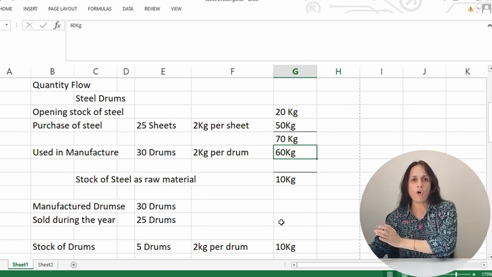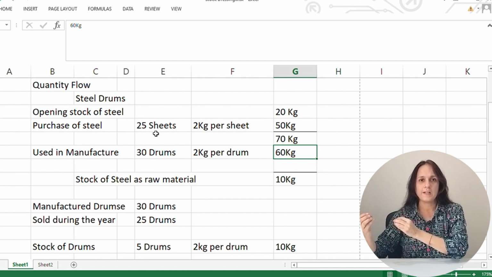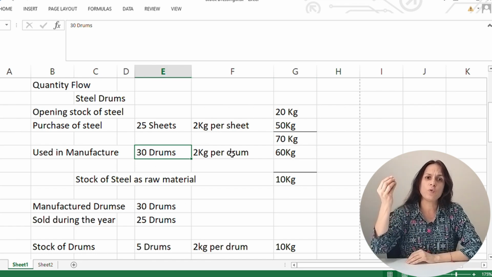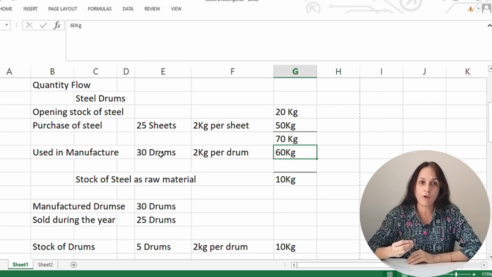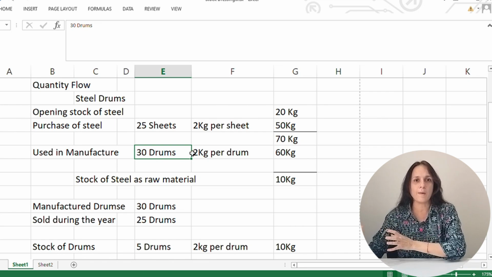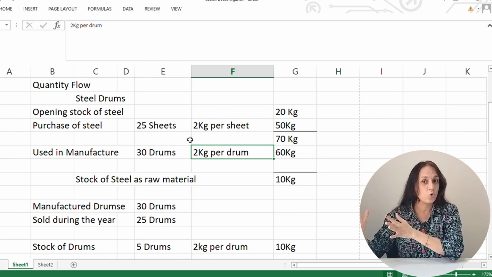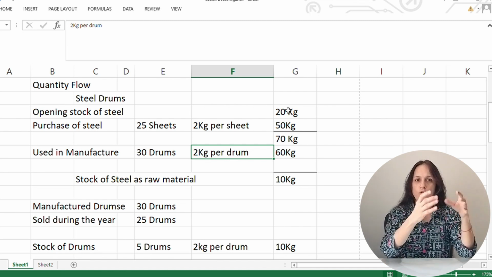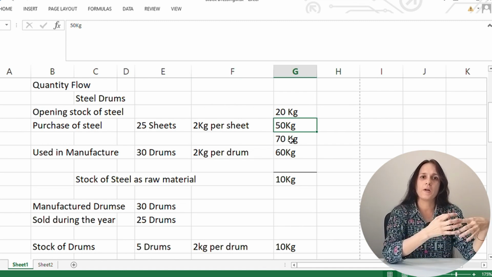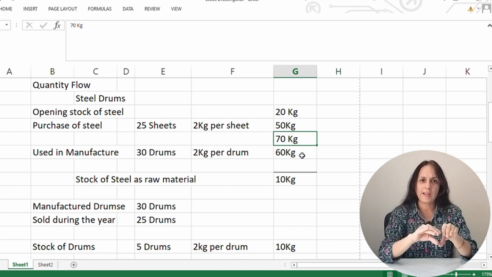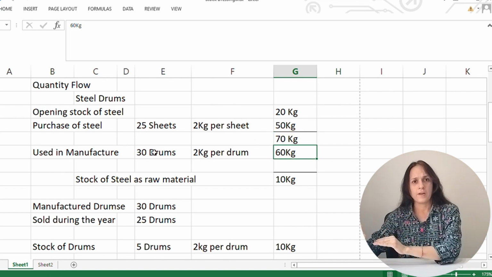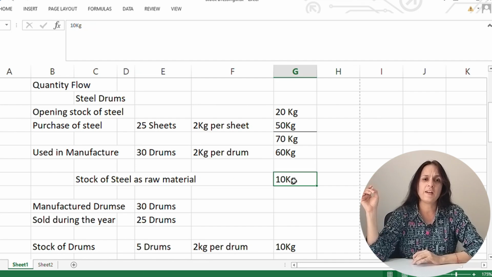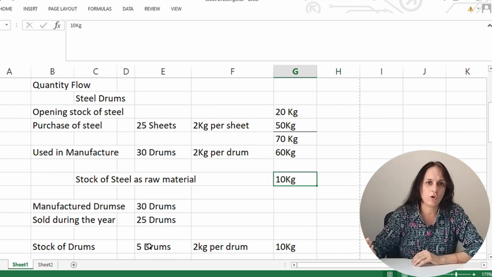These drums in all are manufactured in say 30. So I have used 60 kgs of steel to manufacture 30 drums. So per drum is say 2 kgs. That is how, if we convert these numbers, 25 into 2, the sheet is converted into kgs. Then I input the kgs, remove kgs, and at the end, even the drums I measure in terms of kilograms.